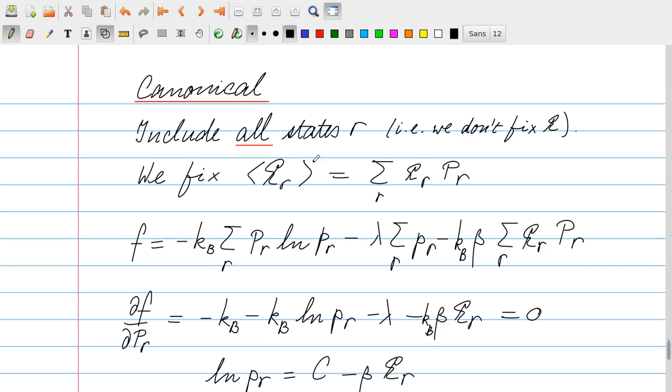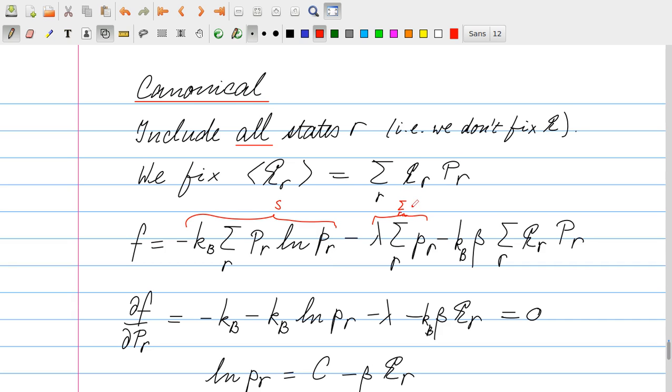The expectation value here is defined as the sum over ER times PR. And so if I then use the Lagrange method again, I first have here the entropy. So this is my S, PR times ln PR. Then this is the normalization, the constraint associated with normalization.